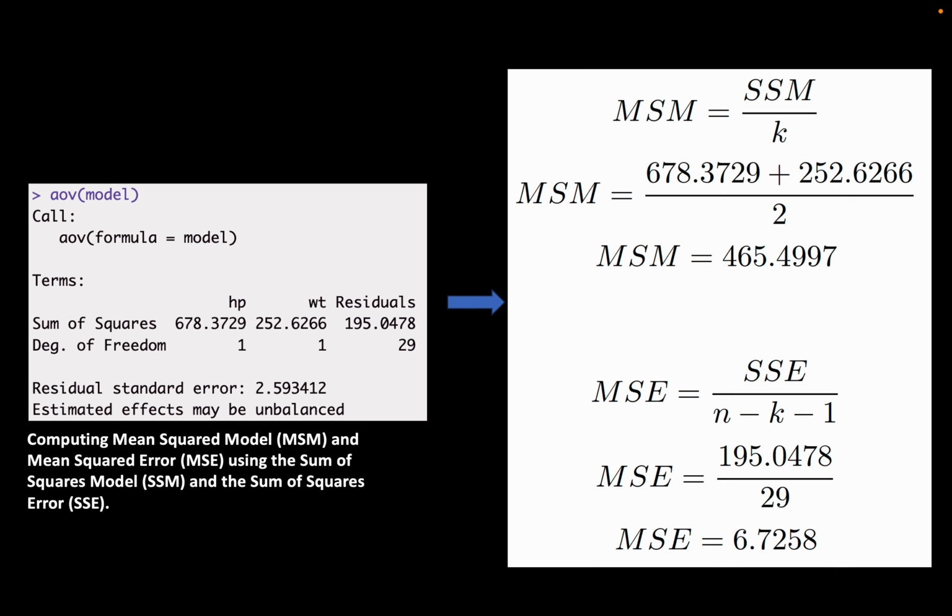The sum of squares model will be the sum of the model squares corresponding to the horsepower and the weight attributes. The mean squares model is 465.4997. The mean squares error will be the sum of squares error divided by n minus k minus 1, which in this case will be 29. The mean squares error is therefore 6.7258.